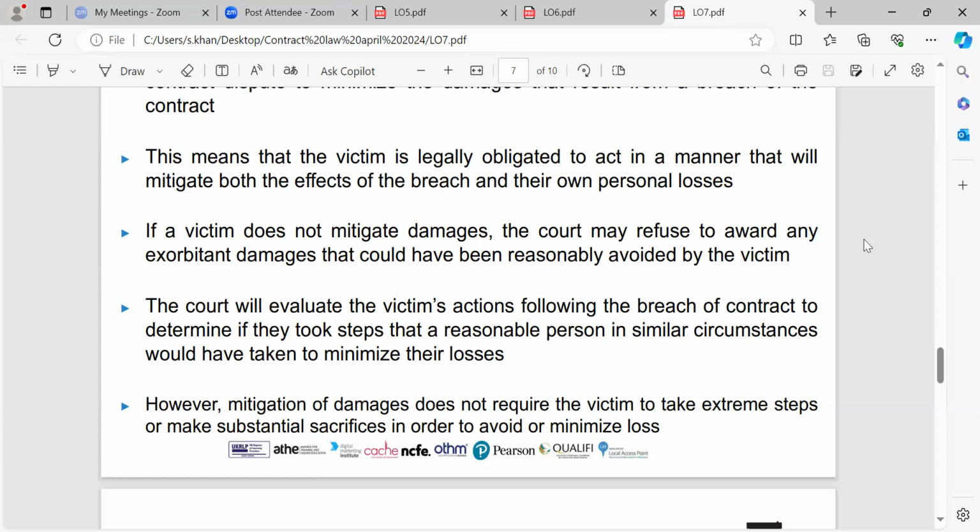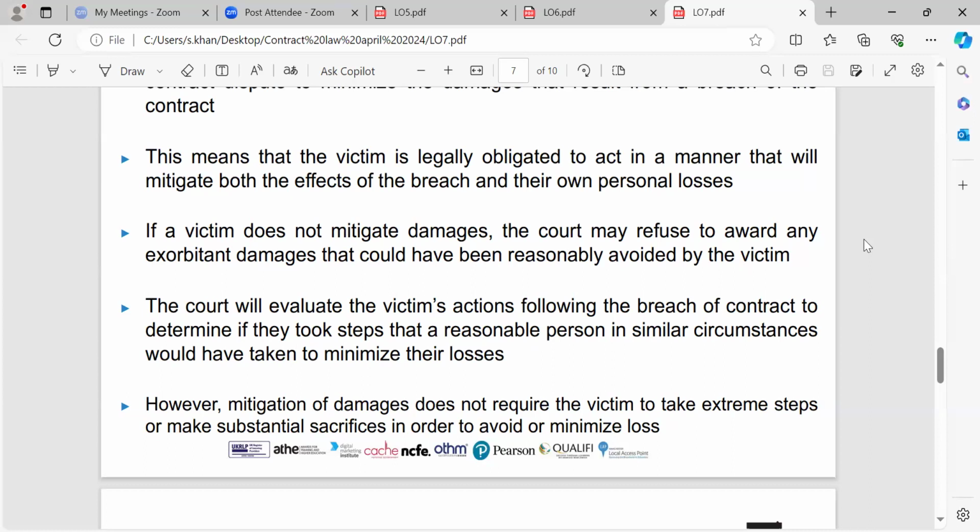liable for the difference. Another example is lease agreements, as we mentioned earlier about the tenancy. If a tenant breaks a lease early, the landlord is typically expected to mitigate damages by attempting to re-rent the property. If the landlord is unable to find a new tenant despite reasonable efforts, the original tenant may be responsible for the unpaid rent.